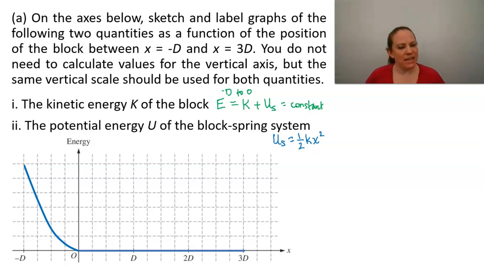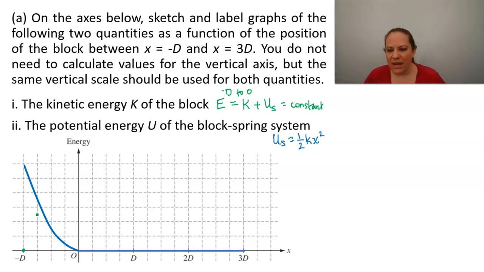So when potential energy is at 6 blocks, kinetic is going to be at 0. And when our potential energy is at 3.5 blocks, kinetic is going to be at 2.5 to make up that difference to get to 6.